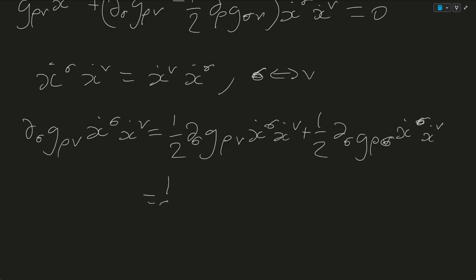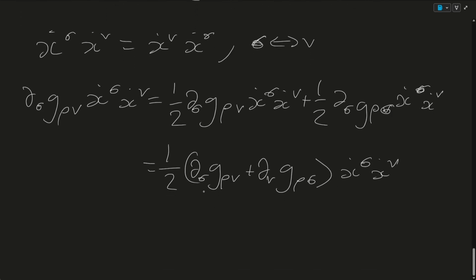Which should be equal to, and then we can factor half times partial sub sigma G rho nu plus partial nu G rho sigma, x dot sigma x dot nu.